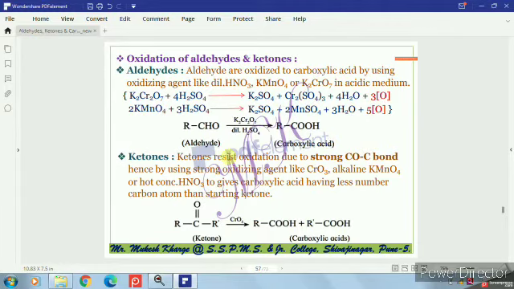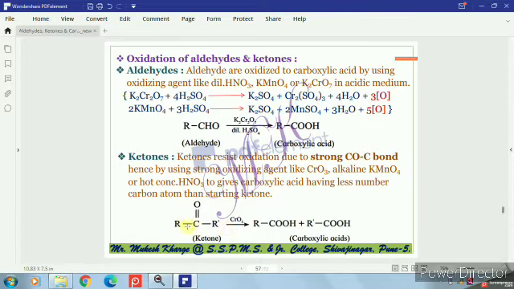Ketones are not eager to react with these oxidizing agents because there is a strong carbonyl carbon bond with the alkyl carbon, so the C-C bond. Hence, we have to use strong oxidizing agents such as CrO3, or you can use alkaline KMnO4 or hot concentrated nitric acid, and it gives a carboxylic acid having fewer carbon atoms than the corresponding ketone.